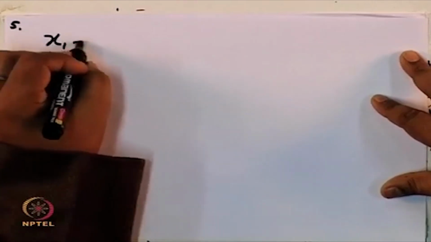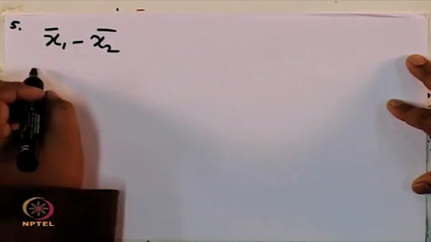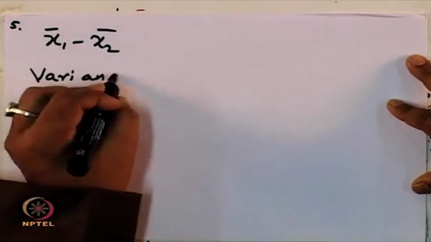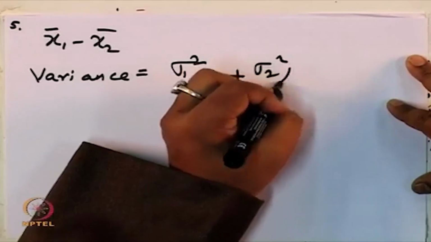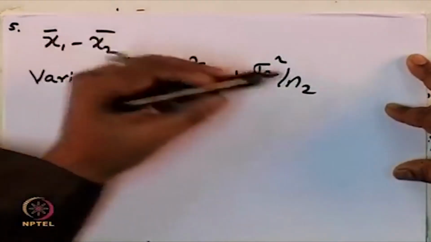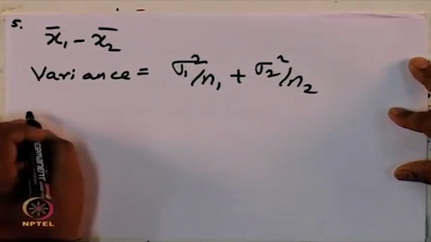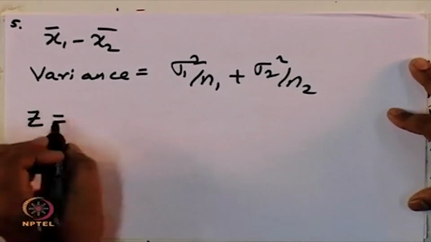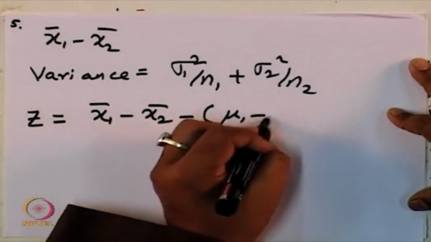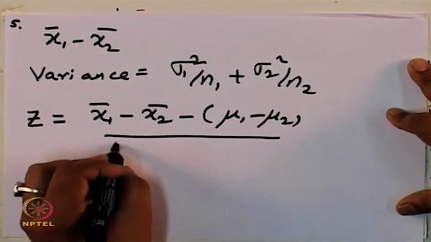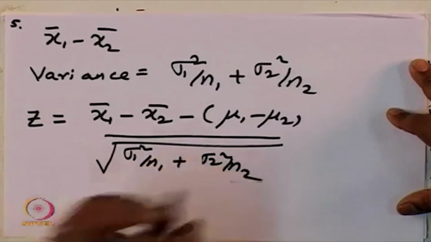If I define x1 minus x2 as a random variable, the variance will be given by the sum of the variances of the individual terms, which is sigma 1 square by n1 plus sigma 2 square by n2. So, I can create this standard normal variable z defined by x1 bar minus x2 bar minus mu 1 minus mu 2, divided by the root of sigma 1 square by n1 plus sigma 2 square by n2.